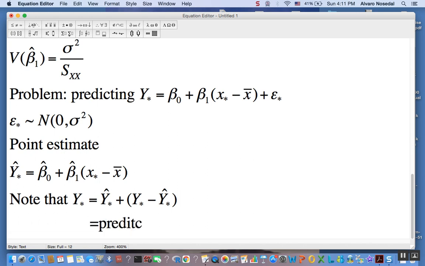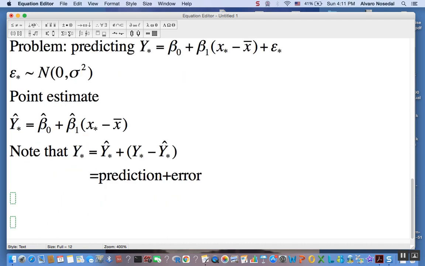It will be important for us to study the statistical properties of that prediction error.